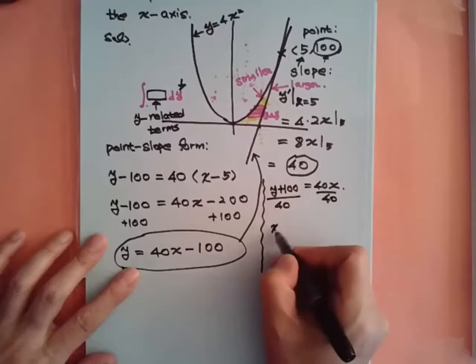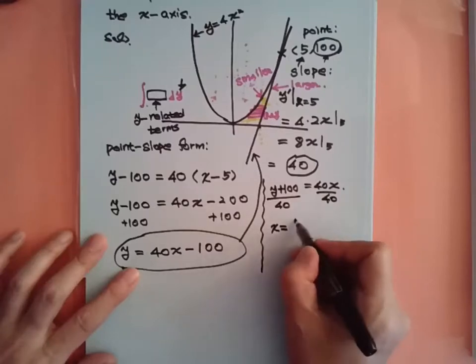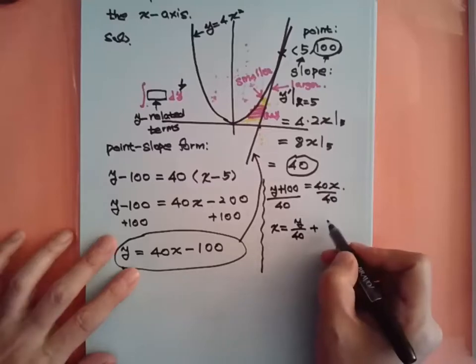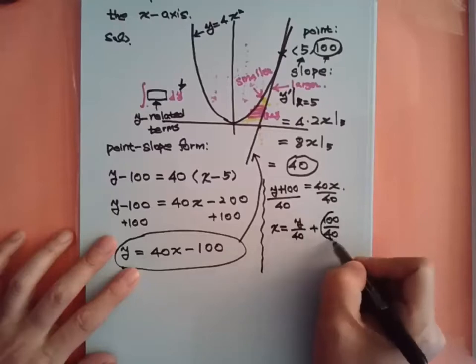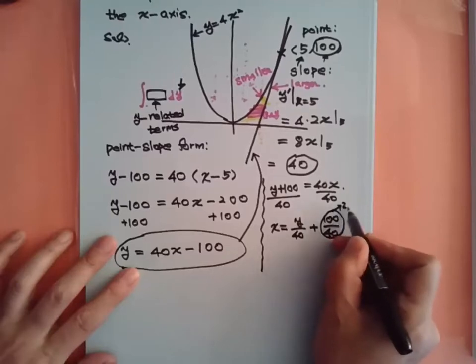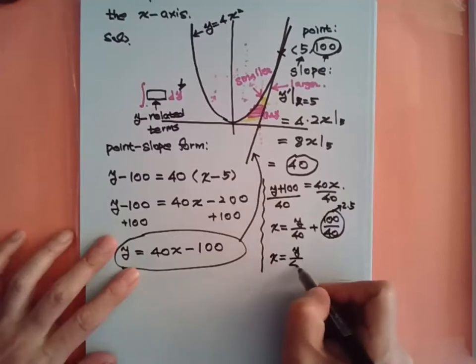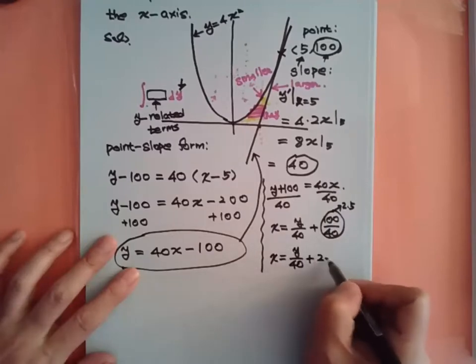Then that becomes x equals y over 40 plus 100 over 40, and that is 2.5. So x equals y over 40 plus 2.5.